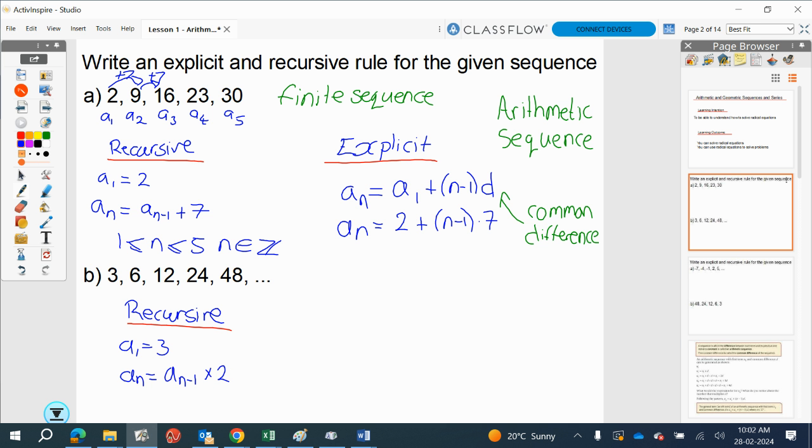How many terms in this sequence? Infinite. This is an infinite sequence. So how do we define n?